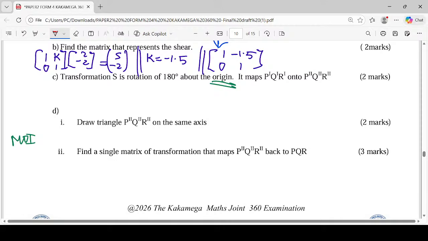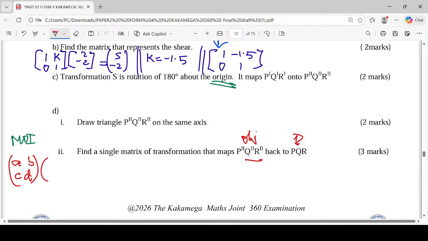M means the matrix. Multiply it now with the coordinates. This will be our object. This will become our image.